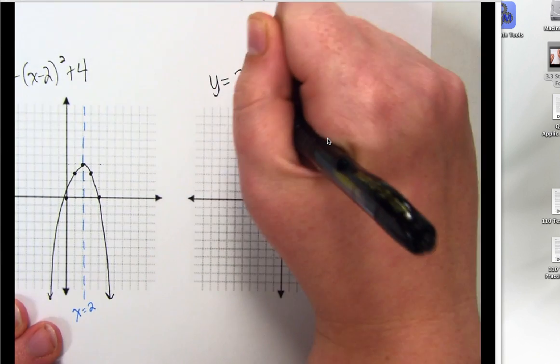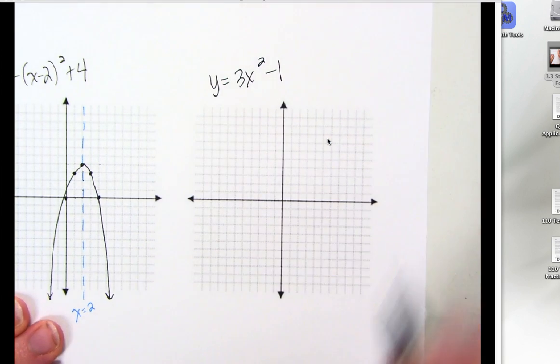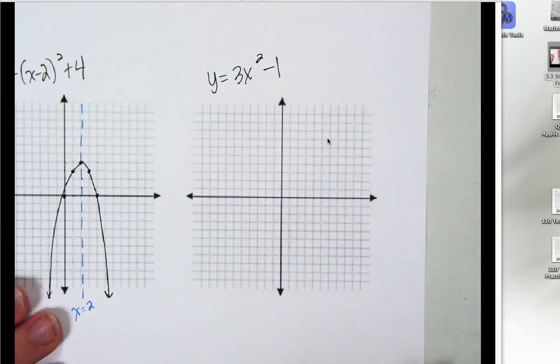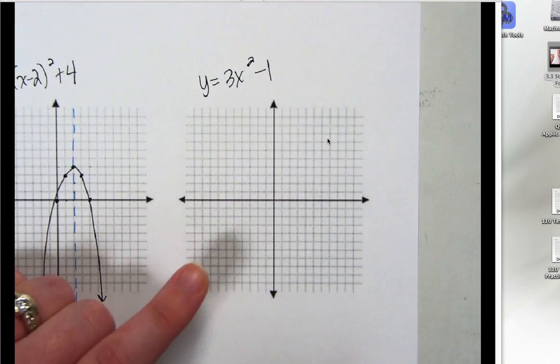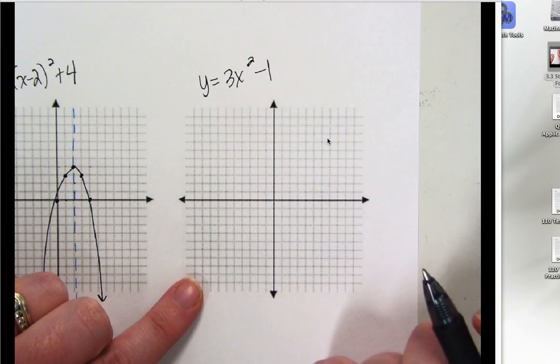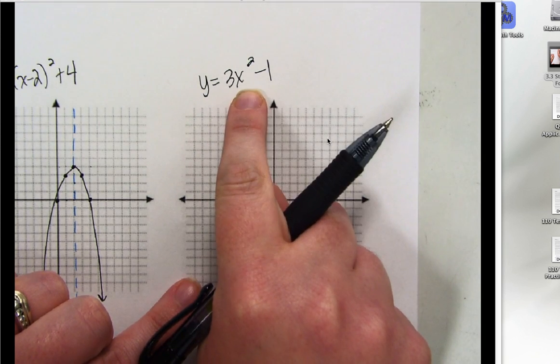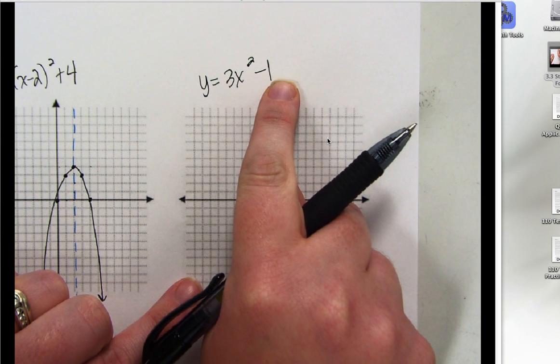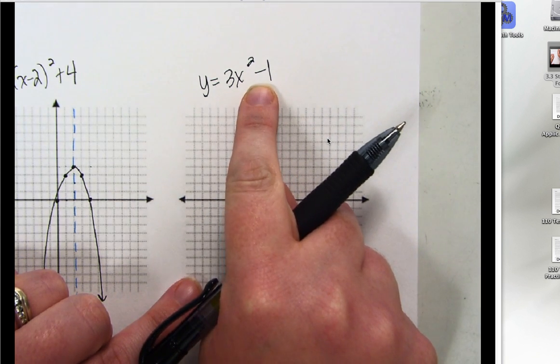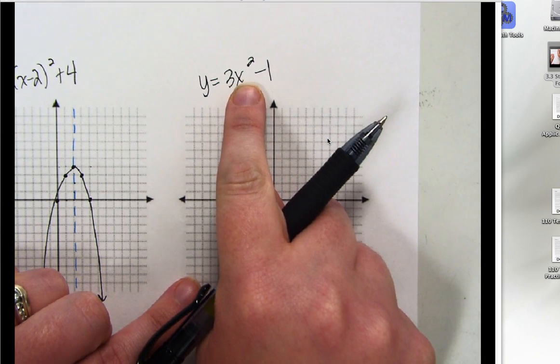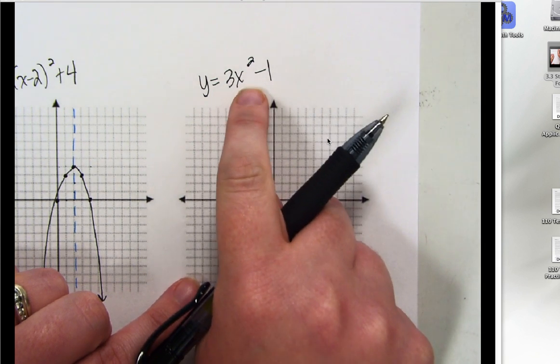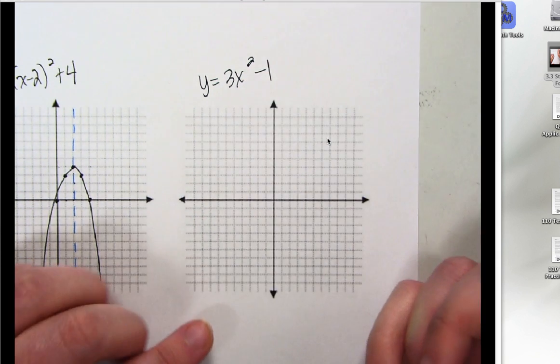y equals 3x squared minus 1. This equation can be thought of in 2 different forms. It could be standard form, ax squared plus bx plus c, where b is 0. Or it can be in vertex form, where it's 3 times the quantity x minus 0 squared minus 1.